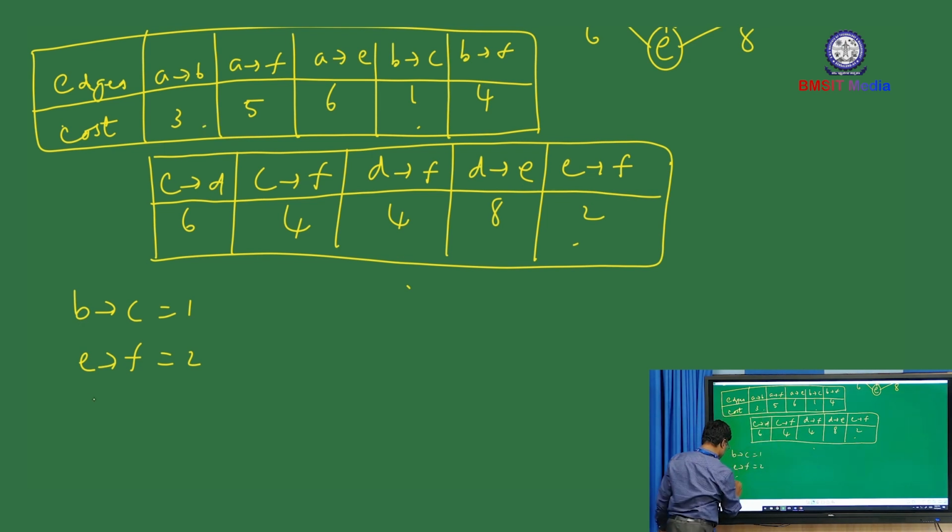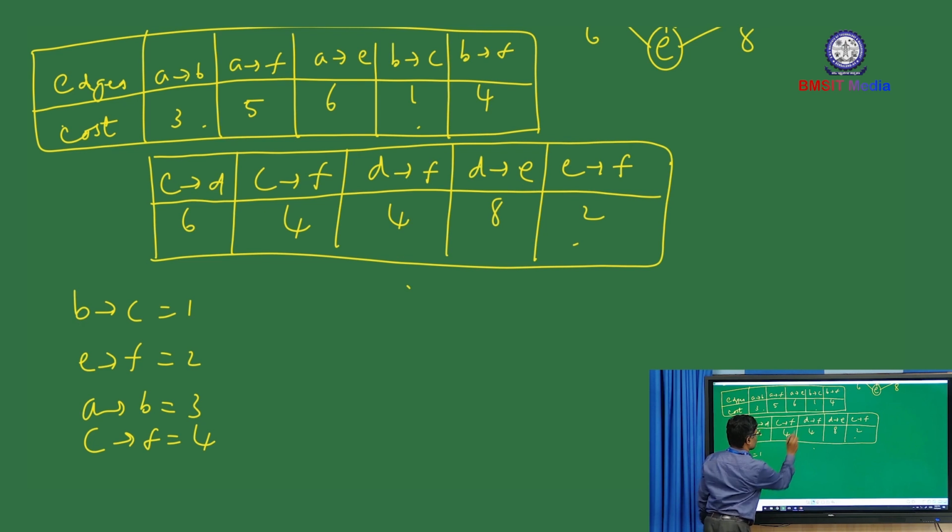A to B is 3. Next is 4, and 4 is C to F. C to F is 4. D to F is 4.